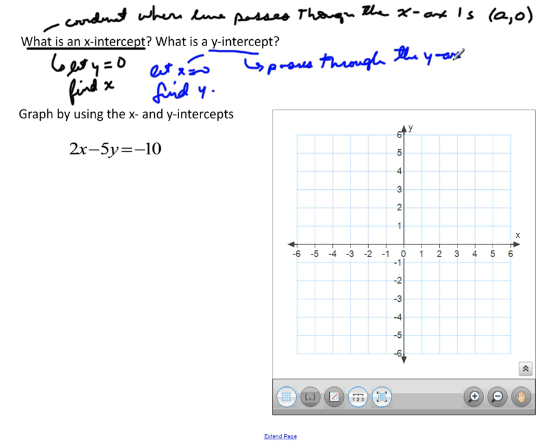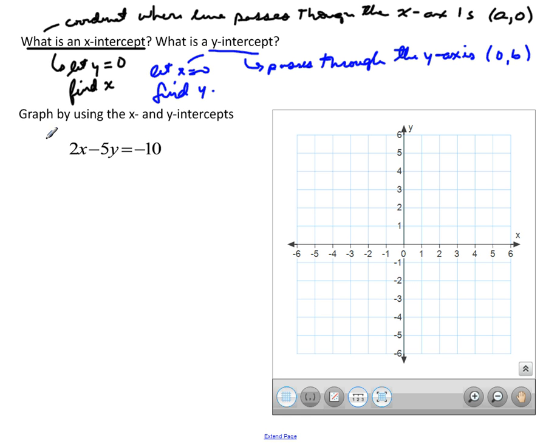And that would be a point like 0 comma b, right? So we call that our y-intercept. All right, 0 comma b. So we've got some point right here.